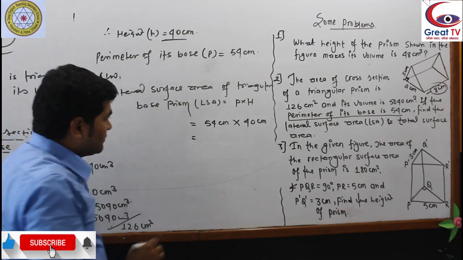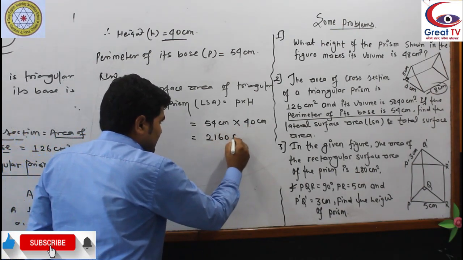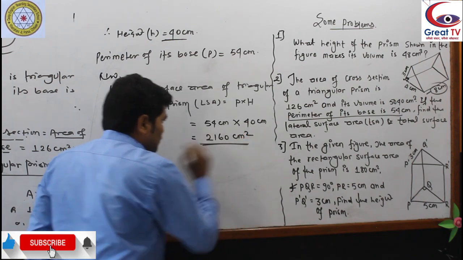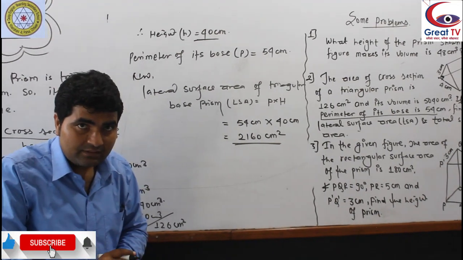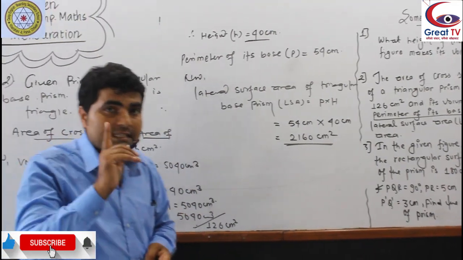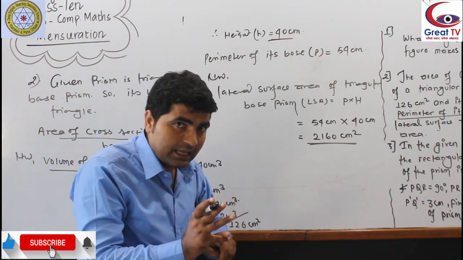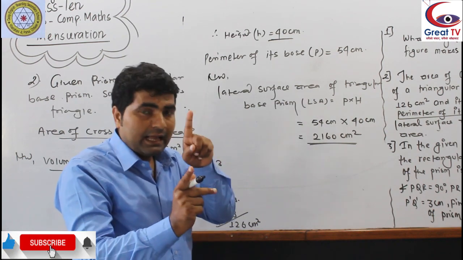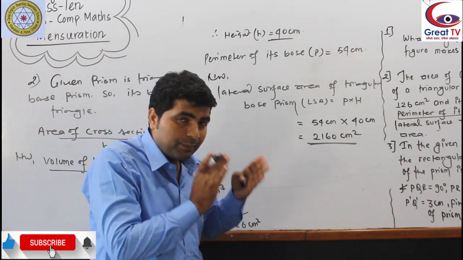Now, 2160 cm². This one is LSA, lateral surface area, or curved surface area, or rectangular surface area. That means without base, we just don't add the base.